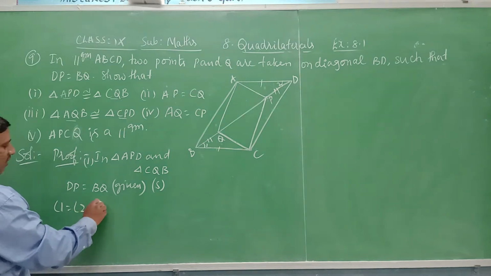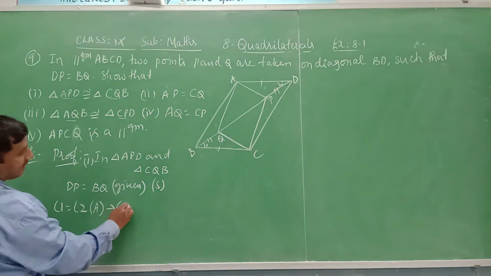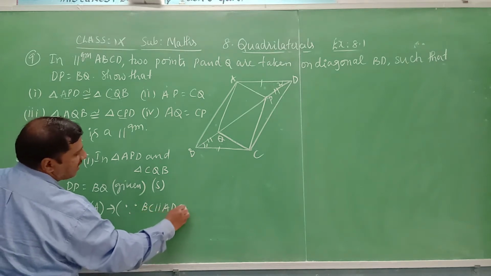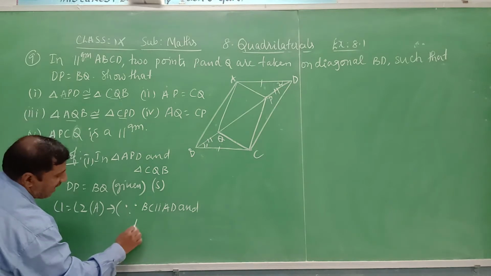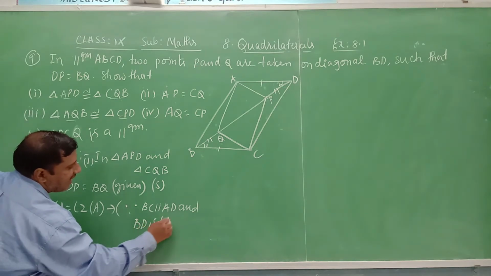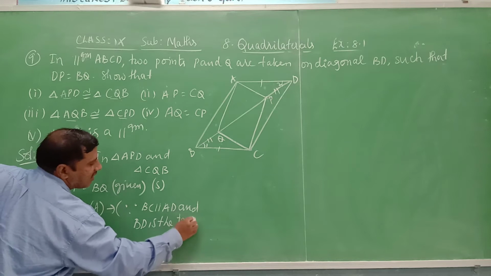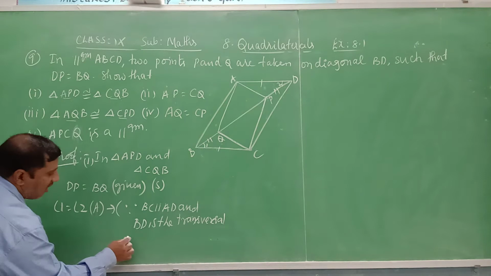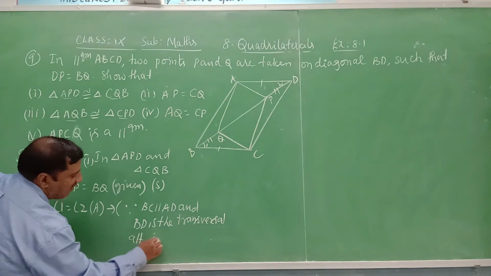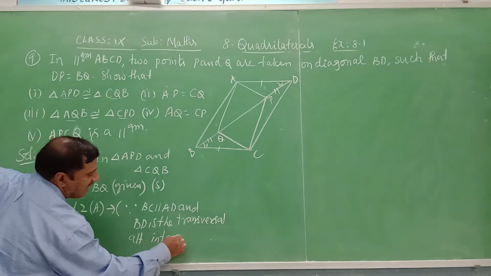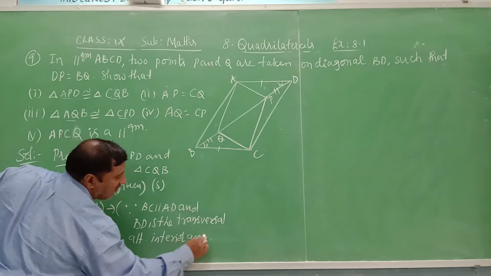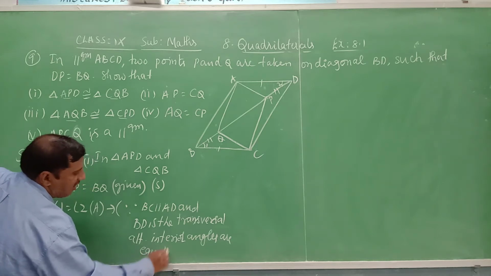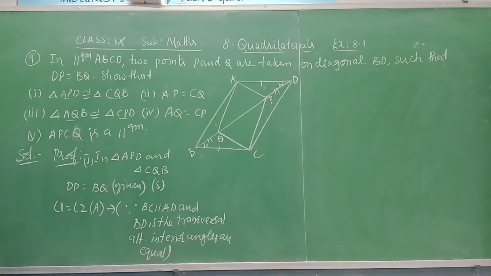Why are they equal? Since BC is parallel to AD and BD is the transversal, alternate interior angles are equal.